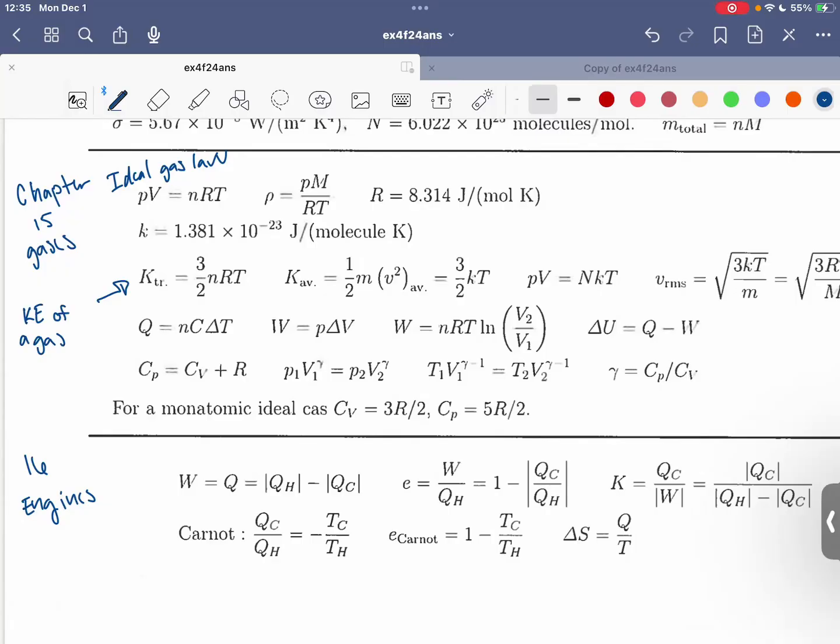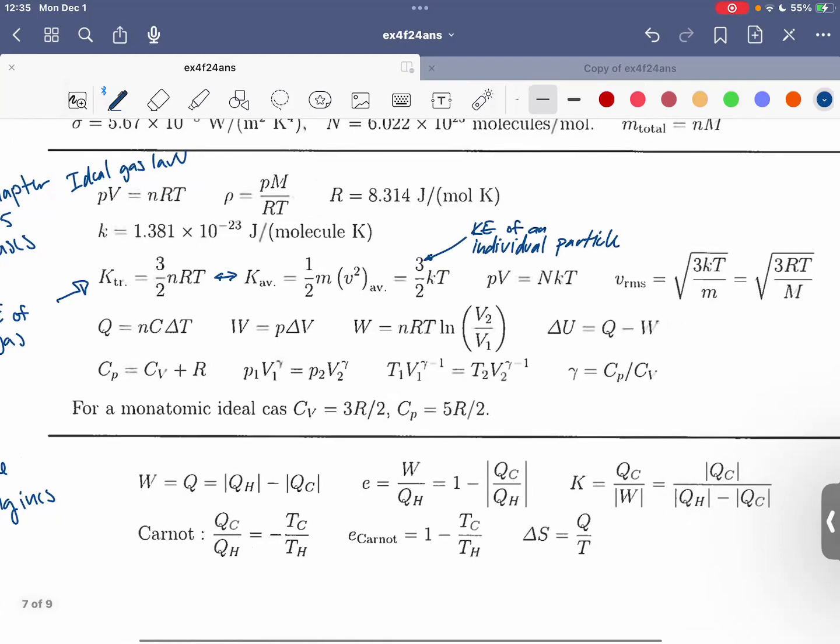And you can see that these two are very similar. This one is the kinetic energy of an individual particle.